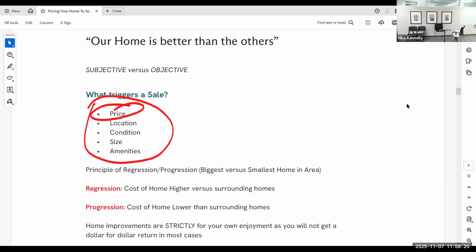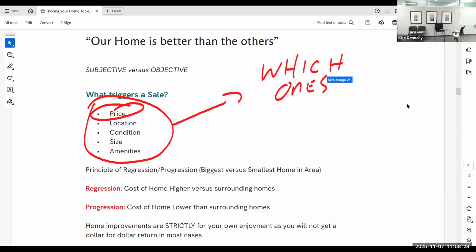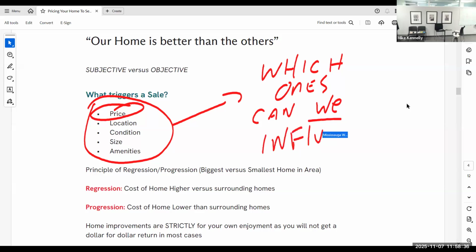In these 5, which ones can we influence? What do I mean by that? What could I change? Price and condition.